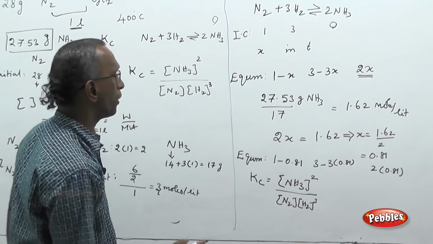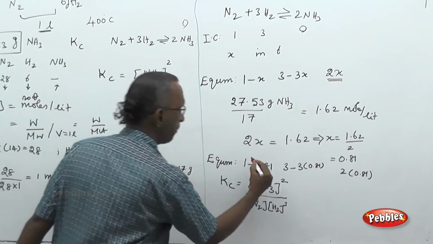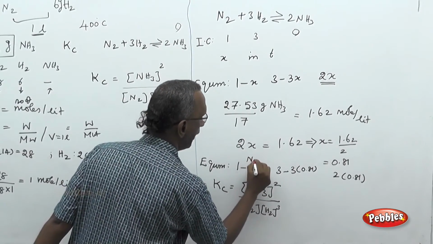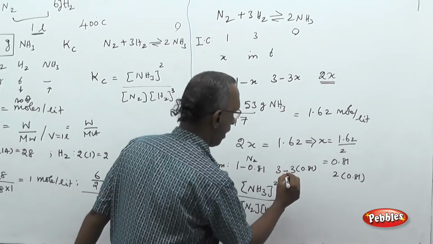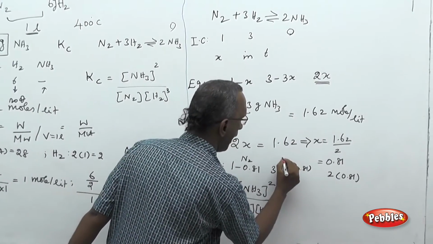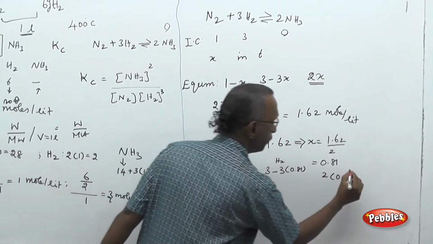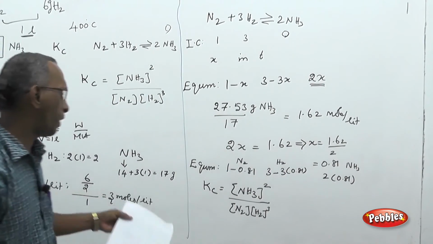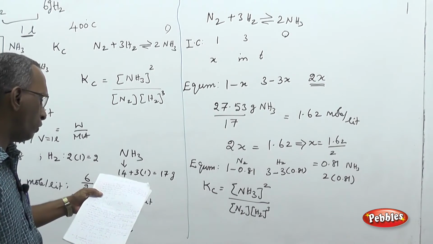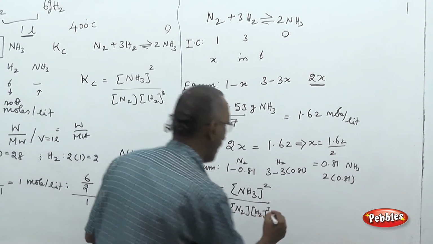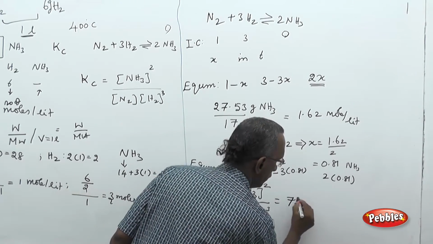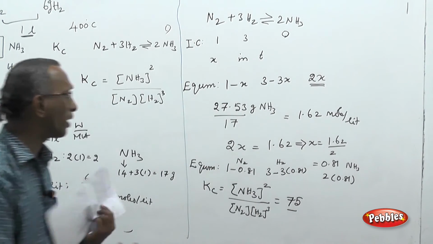So what all we have substituted? 1 minus 0.81 is nitrogen concentration, this one hydrogen concentration, this one ammonia concentration. These have to be substituted here. Substitution of these gives a value equal to 75.